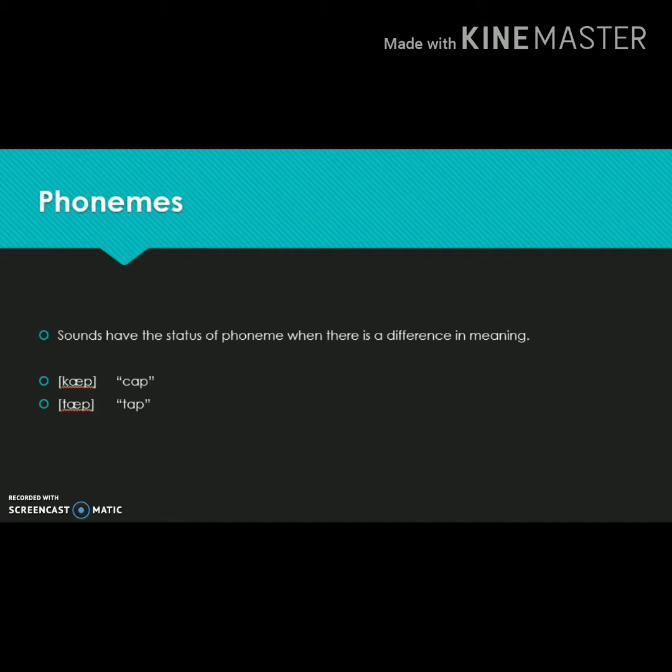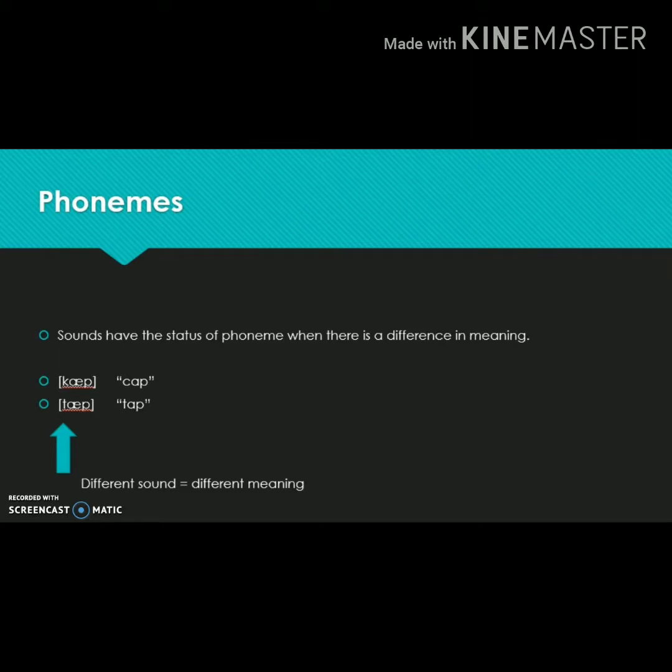But there's a difference in that initial consonant, k for cap and t for tap, and that difference results in a different word, right? If we are saying cap or tap, it all depends on that initial sound, and that results in a different word. So when there's a contrast, we see that these sounds represent different phonemes.